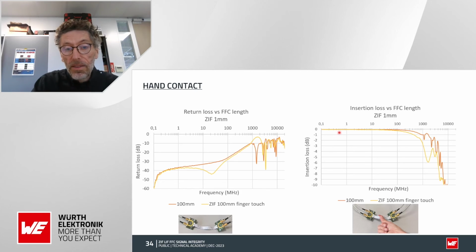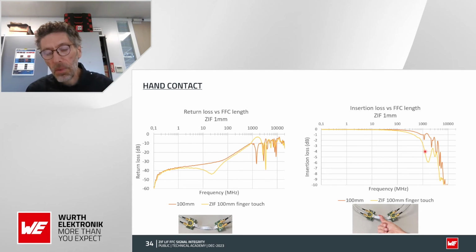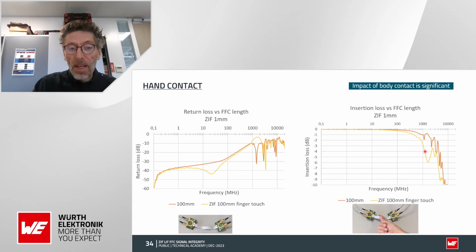And in that case, you have a big influence on the insertion loss. You see that above 100 megahertz, you will decrease your insertion loss very fast. And so if you do a test on your system, do not hold the FFC in your hands, because you see that it will not really kill your signal, but it will change your signal due to the permittivity, to the contact with the ground, due to a lot of factors.